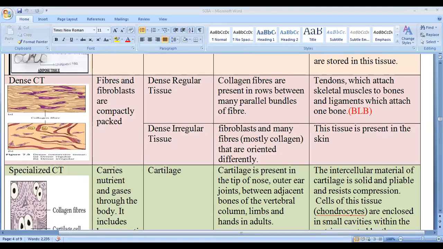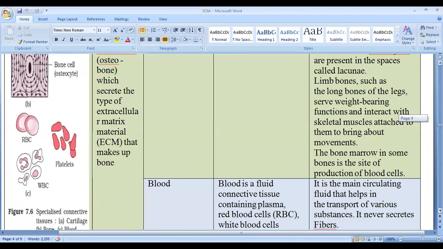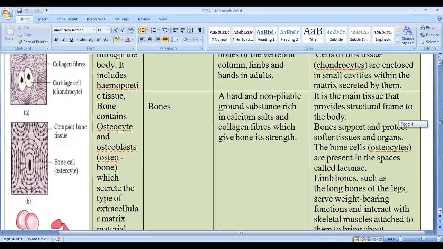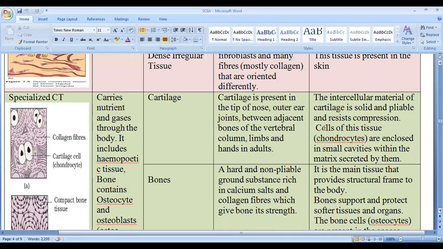Next is the specialized connective tissue. And if you see the specialized connective tissue, what is its property? It carries the nutrients and gases through the body.